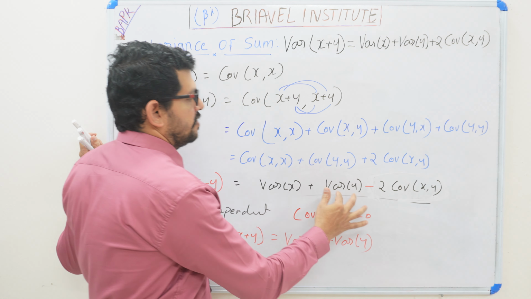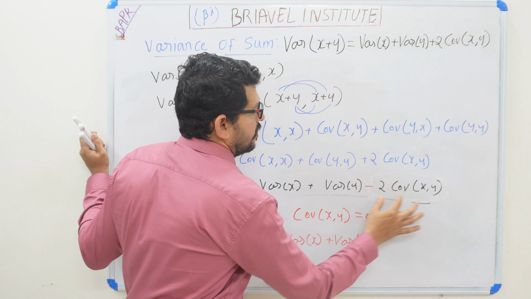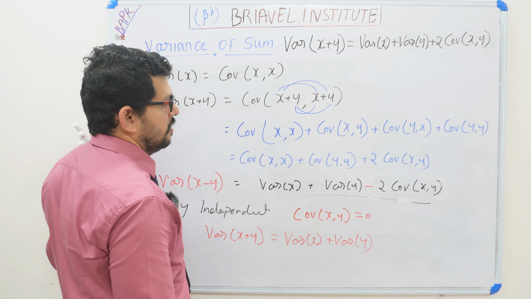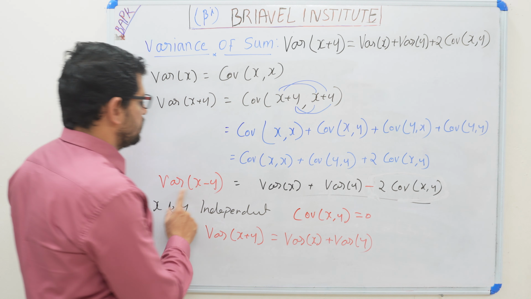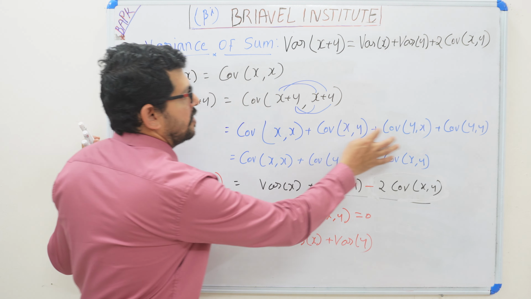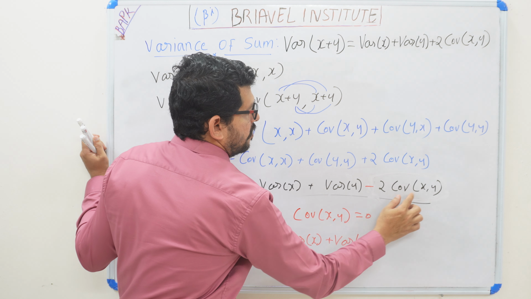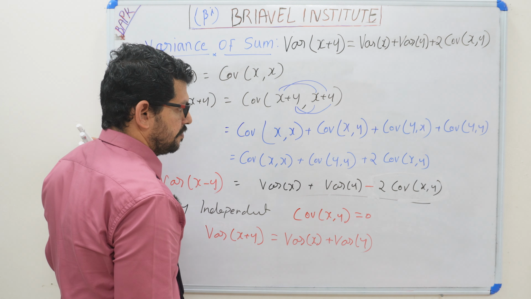Instead of y, we are giving minus y, so we get a minus of 2 times covariance of x comma y.